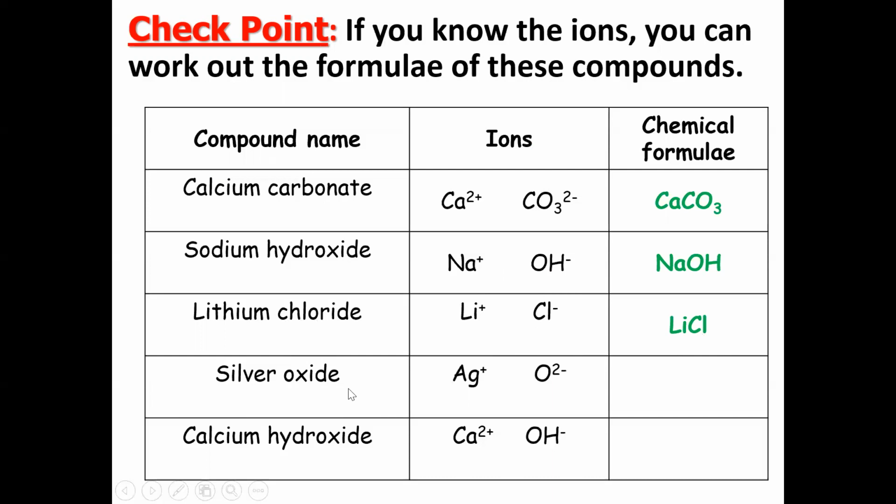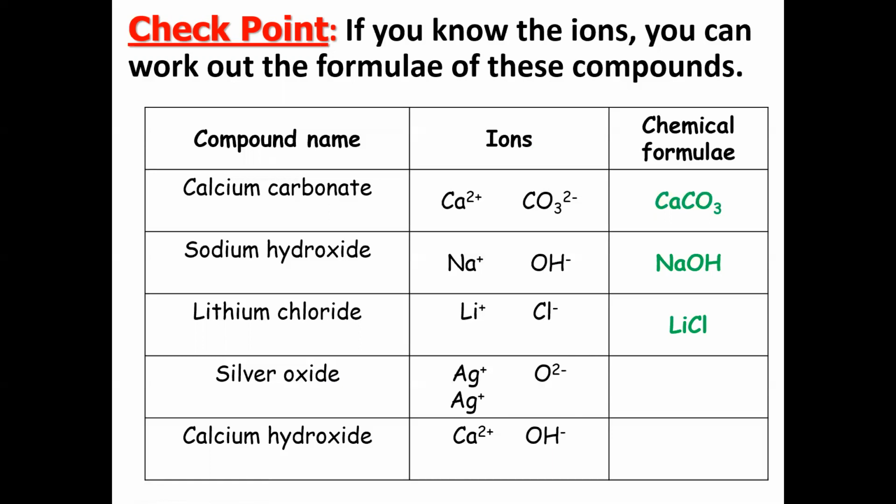If we look at silver oxide and we take silver to be Ag1+, you can see the single plus there, and you can see the oxide, which is your oxygen ion, is O2-. We can see that these charges don't balance. You would need an additional silver in order to balance the 2- on that oxygen.